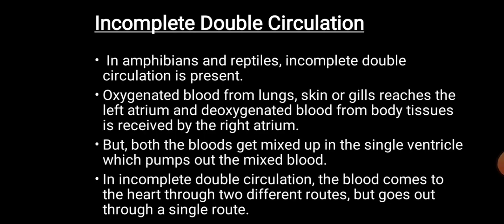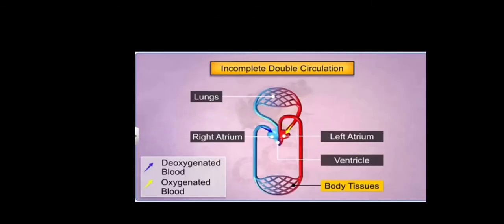The second type of circulation is incomplete double circulation, which is seen in amphibians and reptiles. In this type of circulation, the oxygenated blood from the lungs, skin and gills reaches the left atrium, and blood from the body tissues reaches the right atrium.